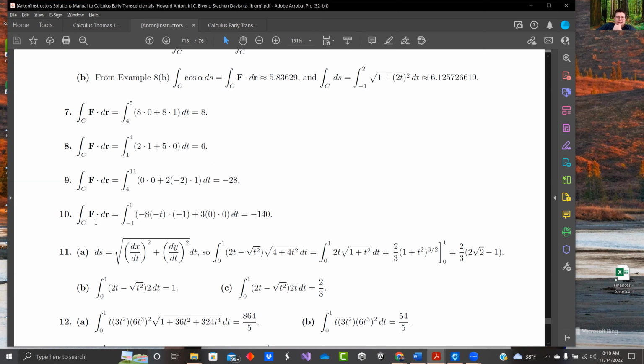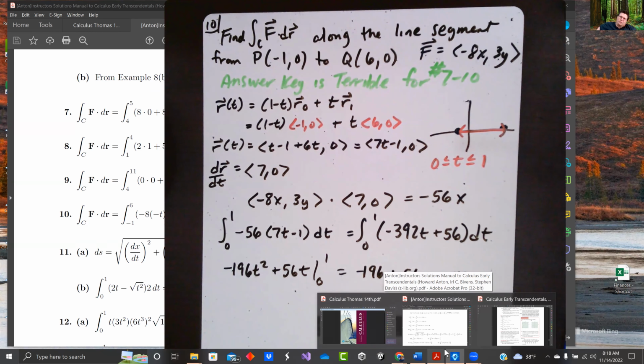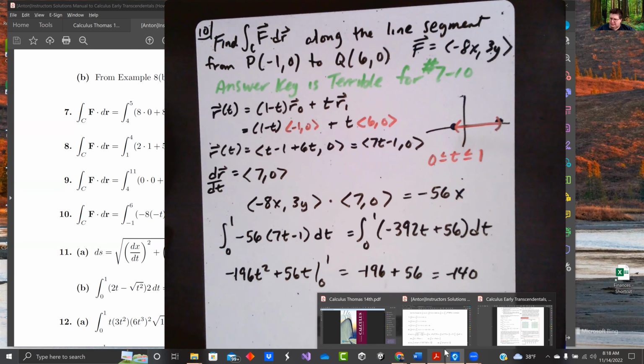And that's how 7 through 10 is. I didn't check the other ones. So if you see something weird in the answer key, don't spend 6 hours trying to figure out why your answer is different. Send me a message and ask, is their answer right, or is their process right? Because they got the right answer, but their process is different than what's being taught.